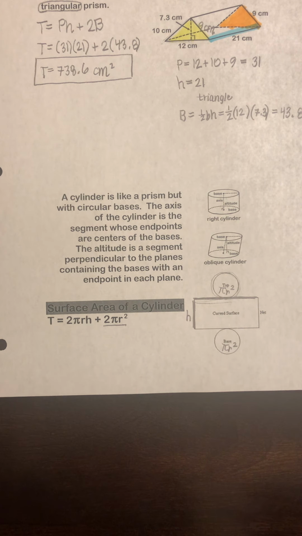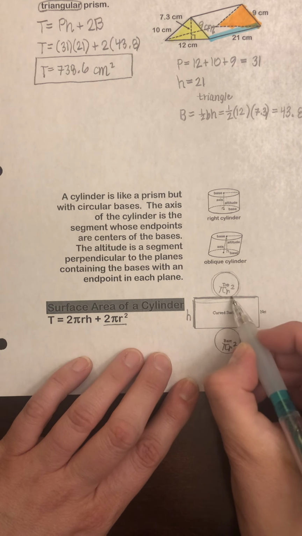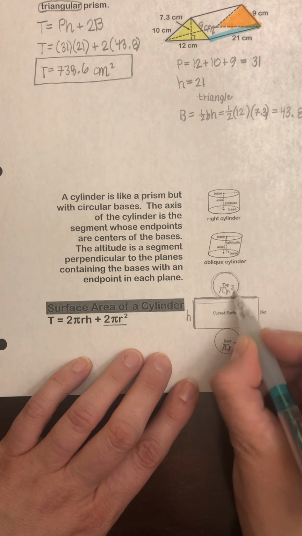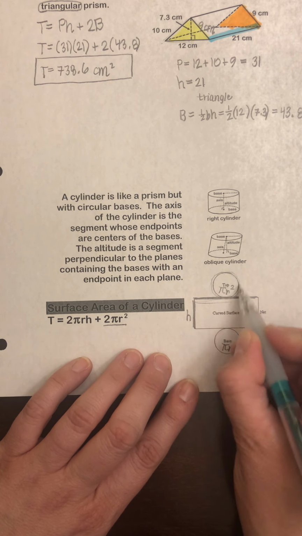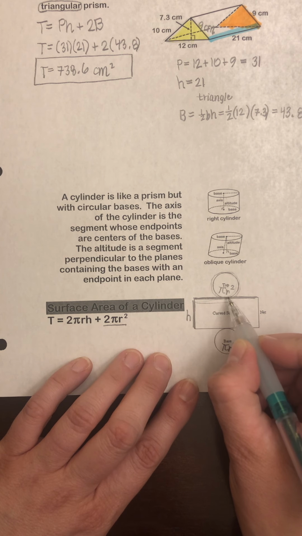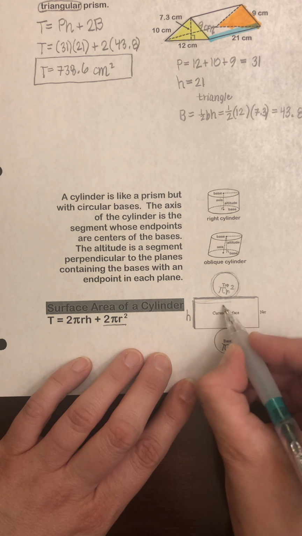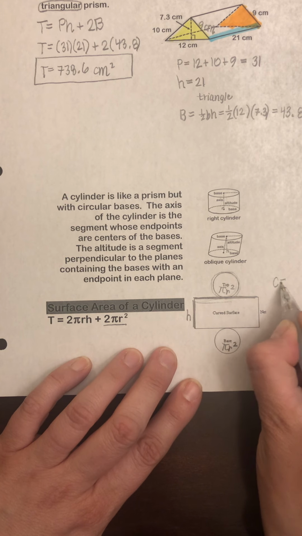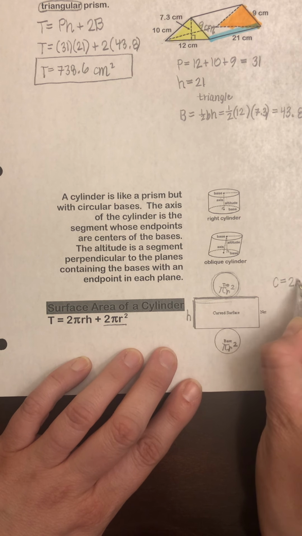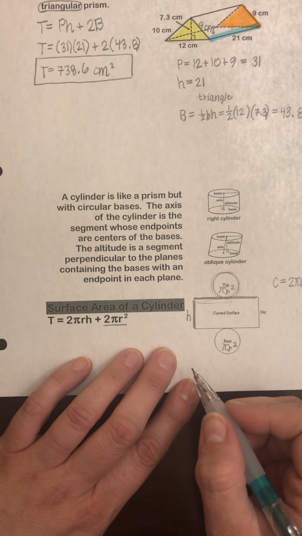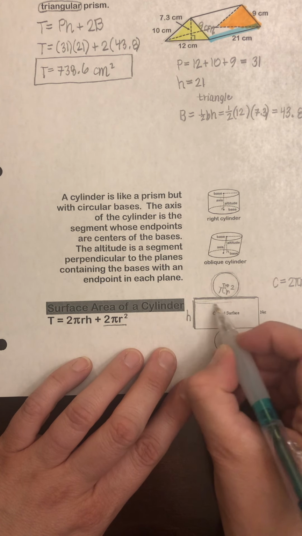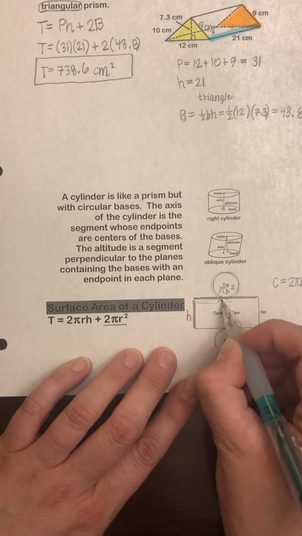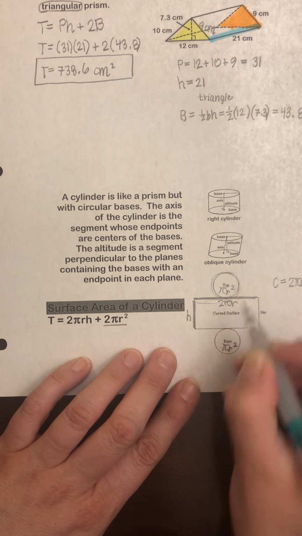If you were to cut that out, that's the part that would curve around the circle. What does it mean when you're going around the circle? That is circumference. How do we find circumference? Do y'all remember? Circumference of a circle is 2 pi r, and we've used that in some of the chapters. So from here to here really is 2 pi r.